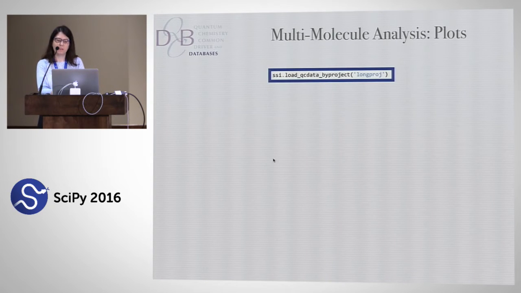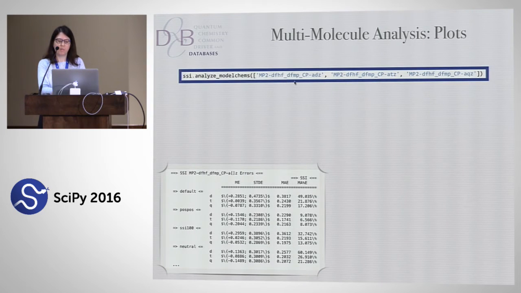So once you have a database object, you can load in all of the quantum chemical results obtained from Pandas. And then we can start to look at the results. Here we have 3 model chemistries. These are rather obscure acronyms, but quantum chemistry just lives and breathes acronyms.